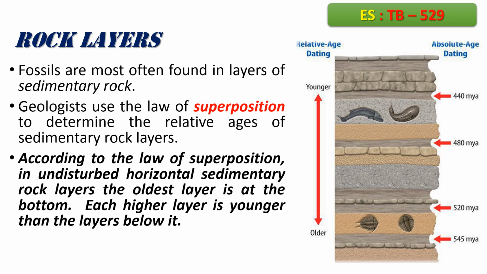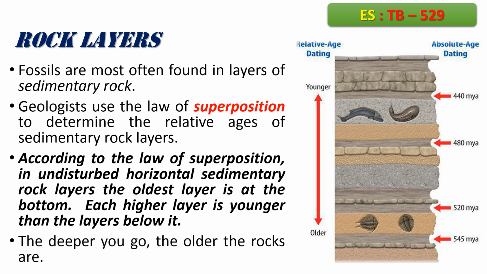According to the law of superposition, in undisturbed horizontal sedimentary rock layers, the oldest layer is at the bottom. Each higher layer is younger than the layers below it. The deeper you go, the older the rocks are. Once you look at the diagram, the bottom layers are older than the top layers.